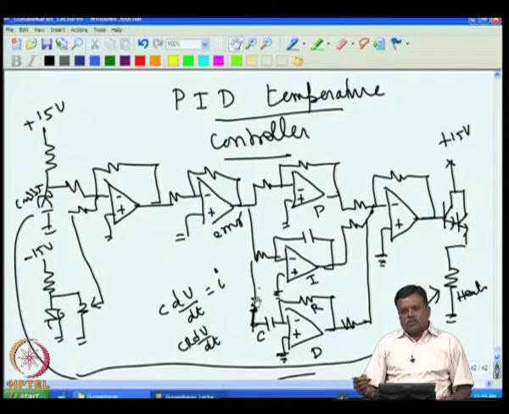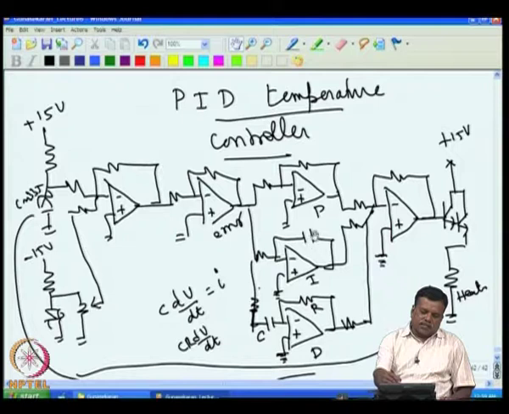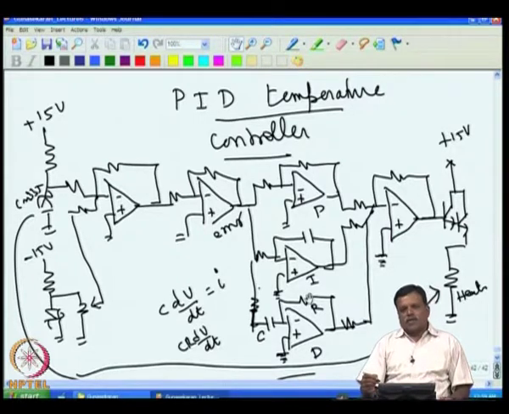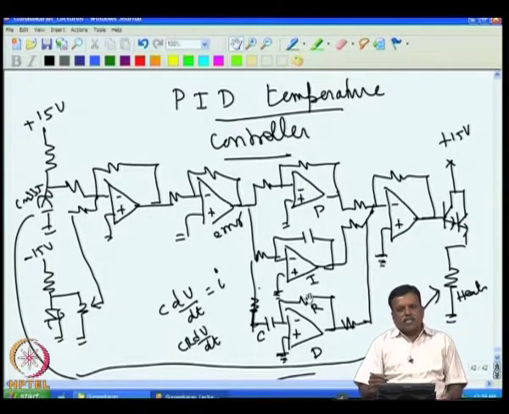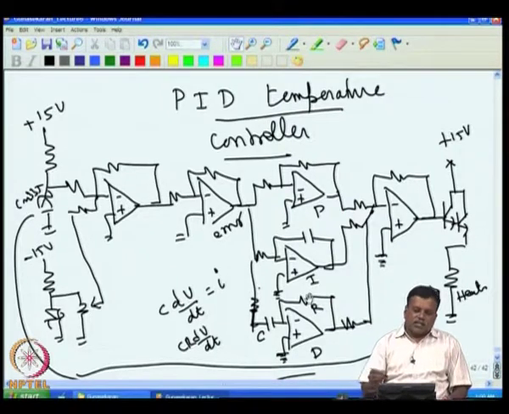Of course, I ask you to work out how to scale the proposed integrator time constant, and similarly the differentiator time constant, to the temperature scale. The electronic time constants, the differentiator time constant and the integrator time constant, are the ones which actually drive, but they have no relevance to the temperature time constant.